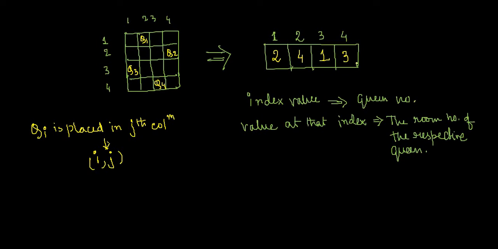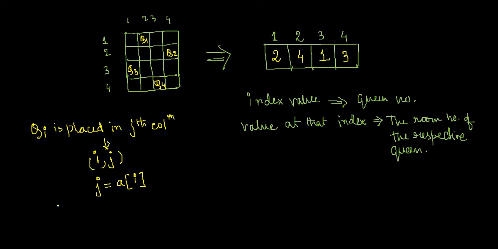So from the one-dimensional view, you can relate this i and j as j is equal to A of i. You see, queen 1 is placed in the second column. So i is equal to 1 and j equal to 2. Now see, 2 equal to A of 1. Is it true? Yes. A of 1 equal to 2.